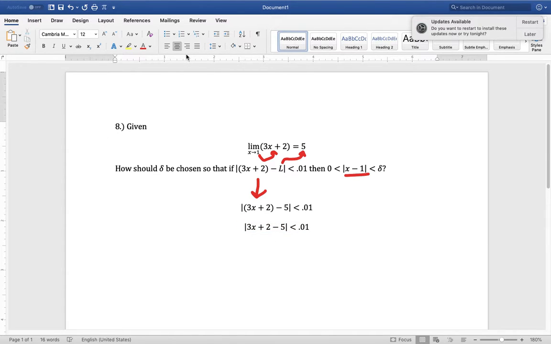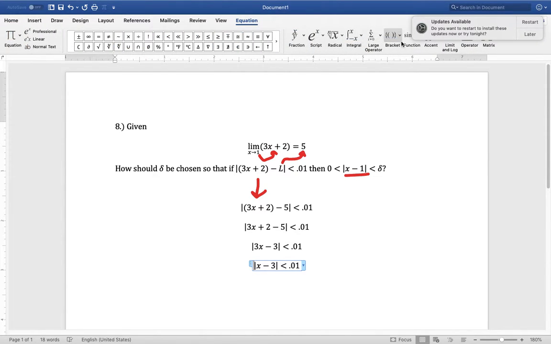This now becomes the absolute value of 3x, and then 2 minus 5 is negative 3, so 3x minus 3. And from here I can factor out a 3. I think you're going to see what happens here.